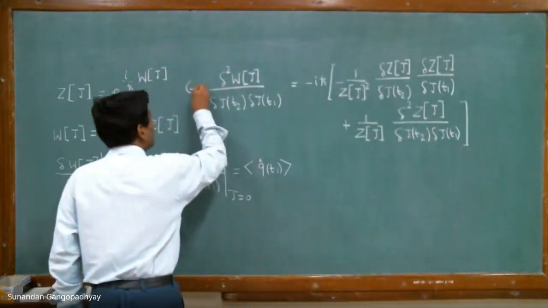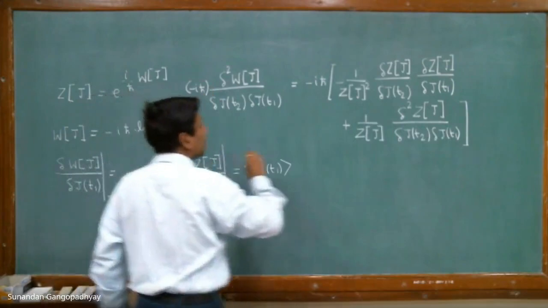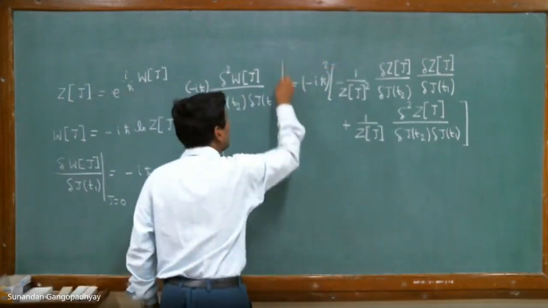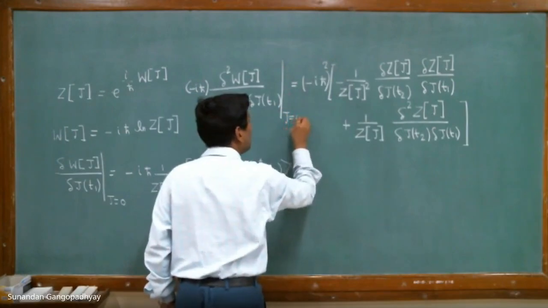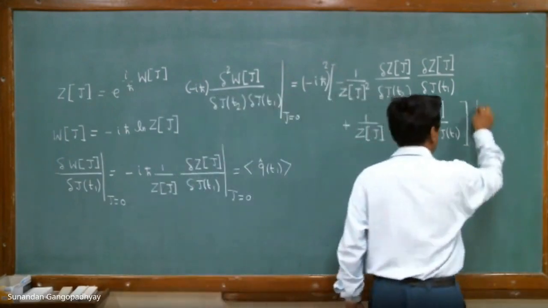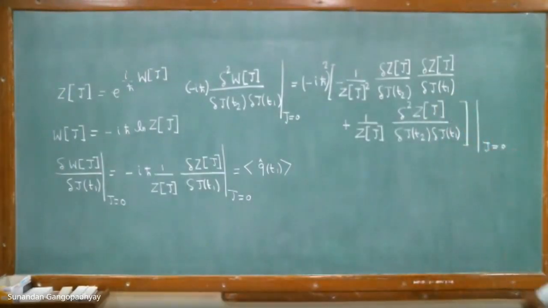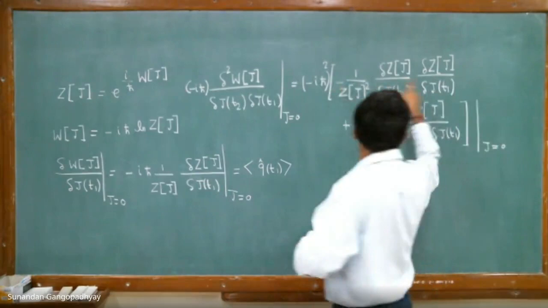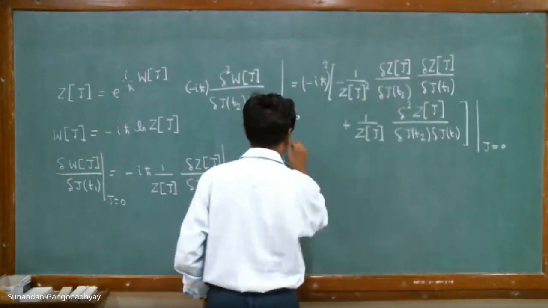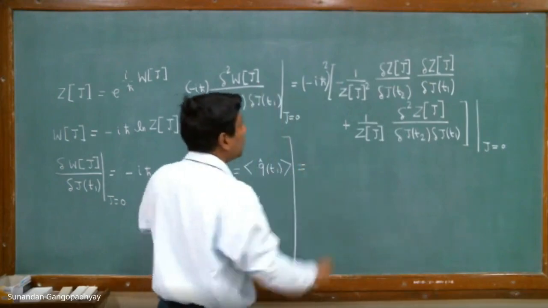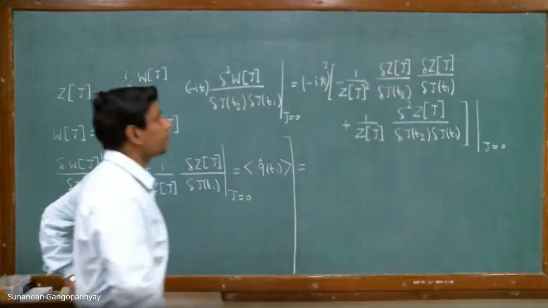Just multiply with i h bar on both sides. So then you will get a minus i h bar whole square. And now take J equal to 0. Now set J equal to 0 and see what you get. So you can see that this expression, the first expression, let us concentrate on this expression.